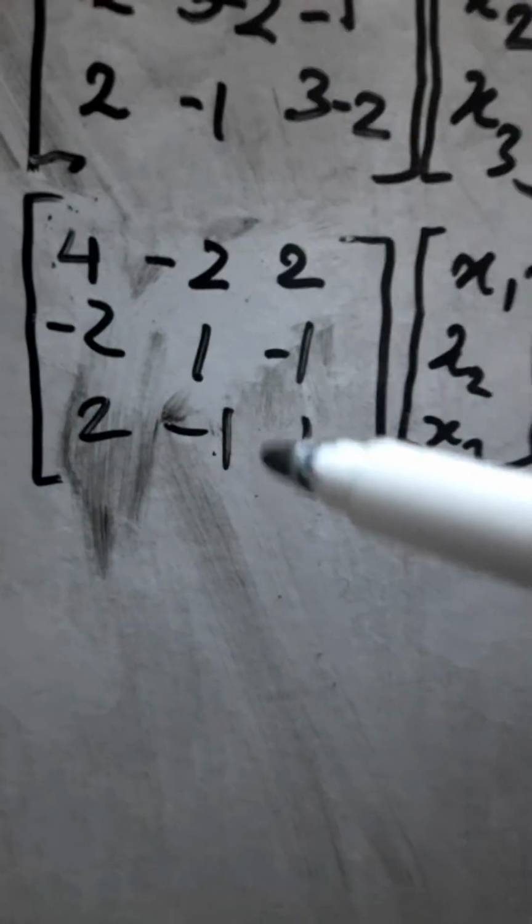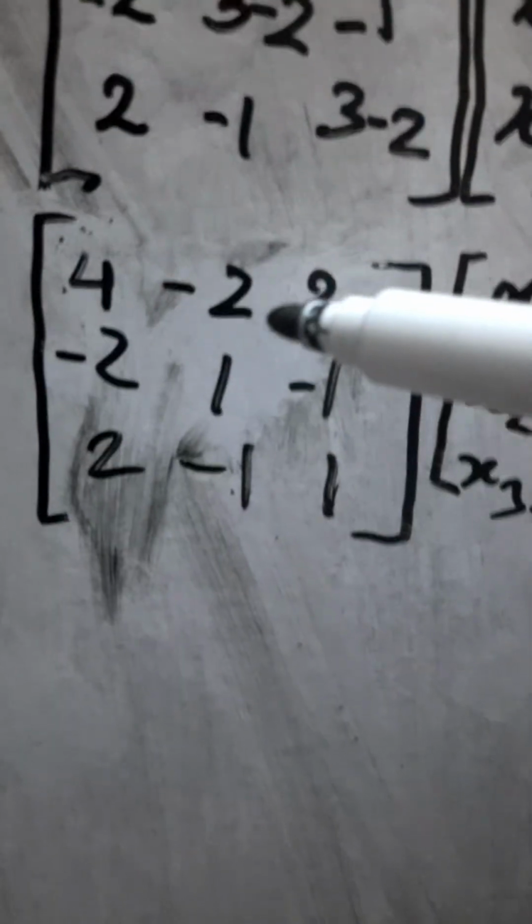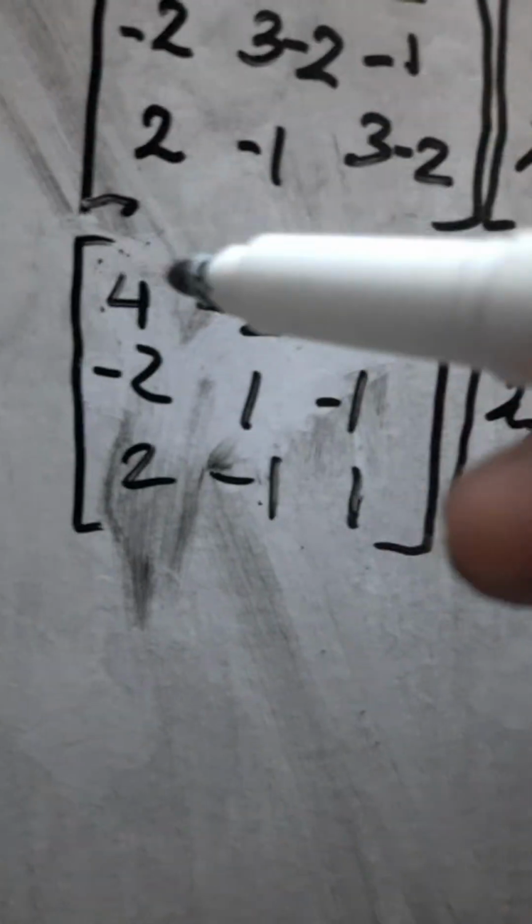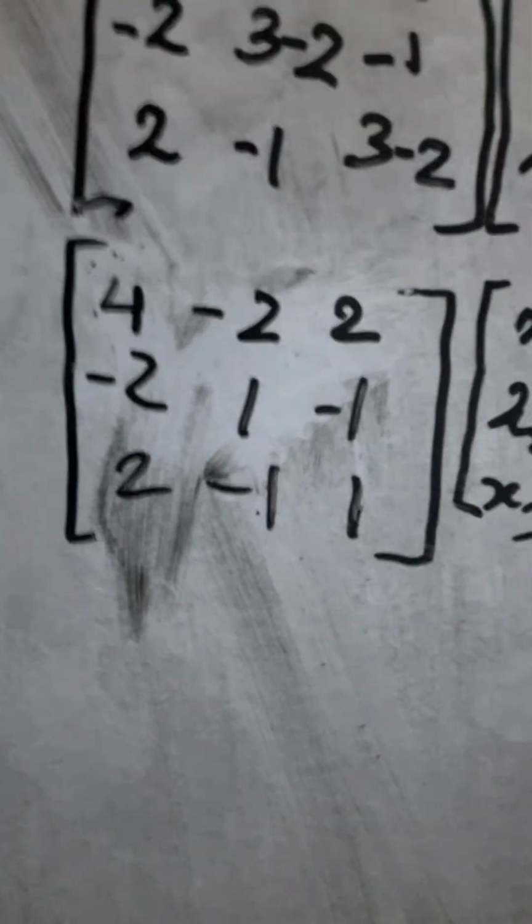we reduce a scalar from some rows, or we take a multiple of some row and subtract it or add it to the corresponding elements of another row, and we try to bring 0 wherever we can.